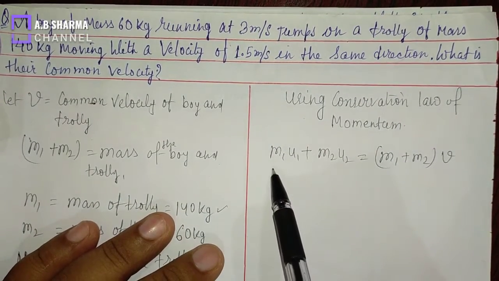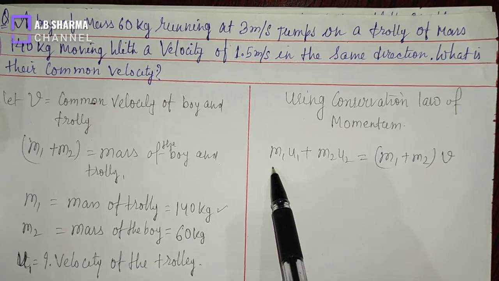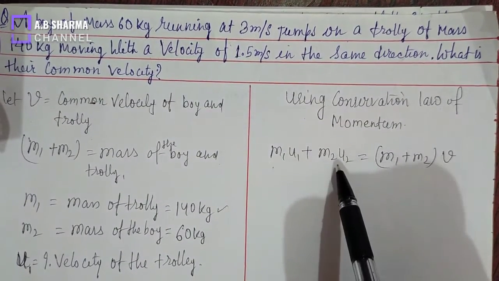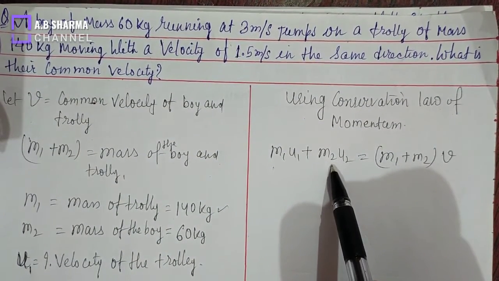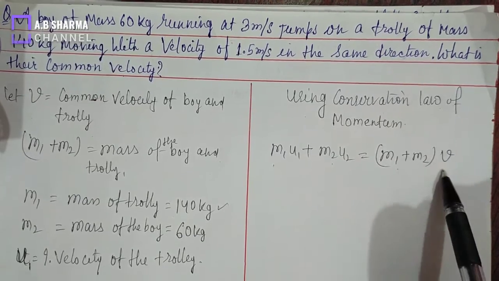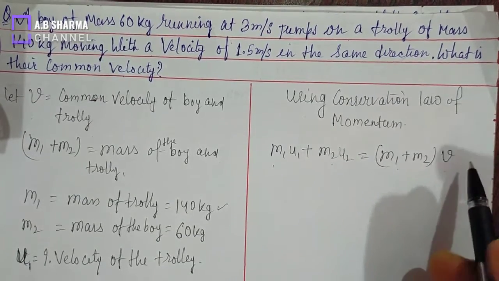This is the initial momentum of the trolley and this is the initial momentum of the boy, and since the boy and trolley are moving together, their velocity will be common and their masses will be summed up.